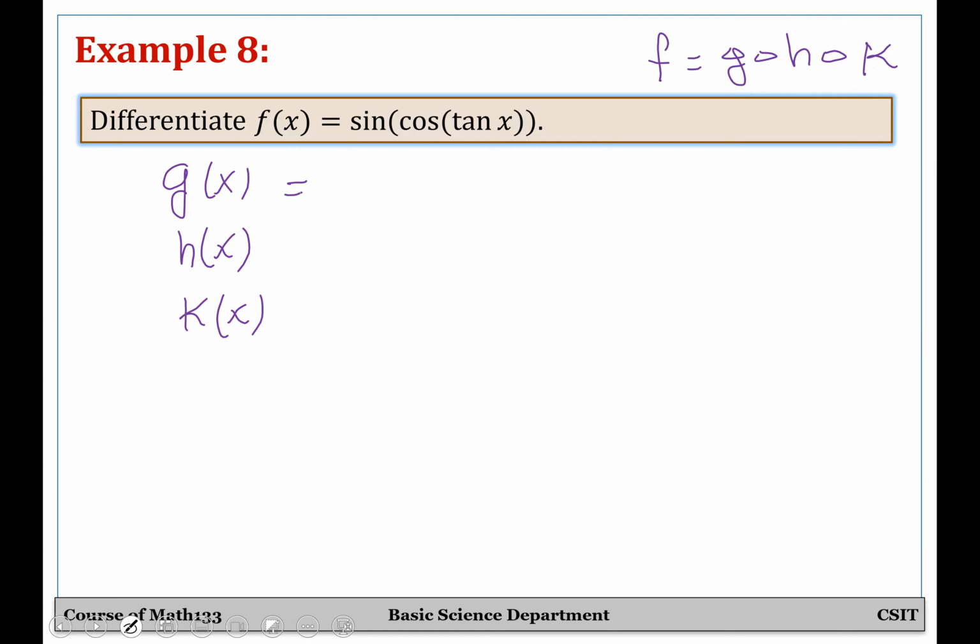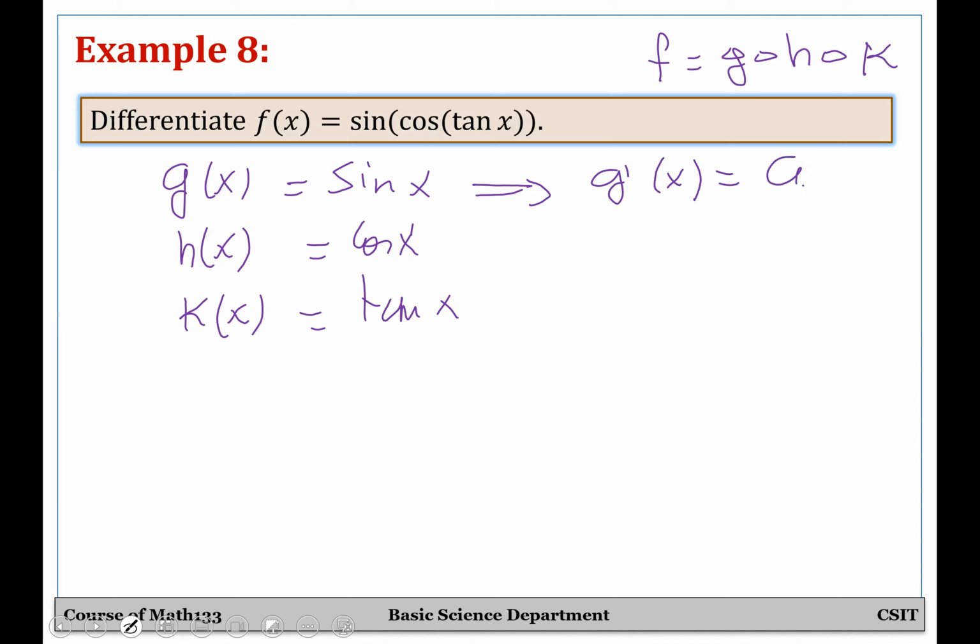Okay, g of x is sine x. h of x is cosine x. k of x is tan x. And now the derivative of g, derivative of sine is cosine x. Derivative of h is minus sine x.